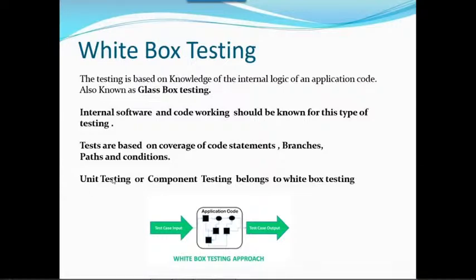Whenever the development is done, the developer will do unit level testing. Unit and component testing belong to white box testing. This is one of the most important interview questions, guys.